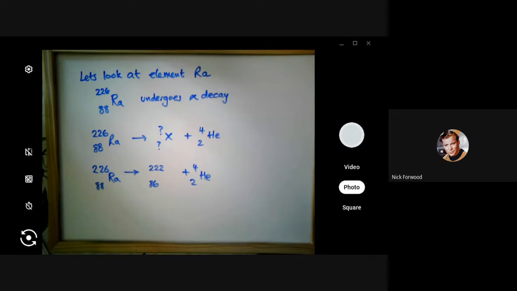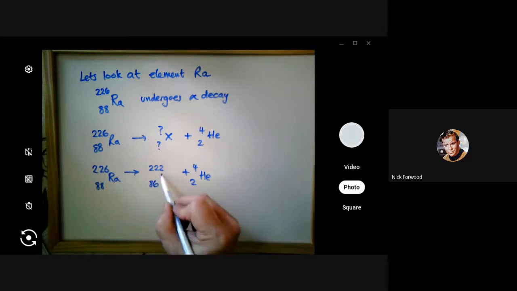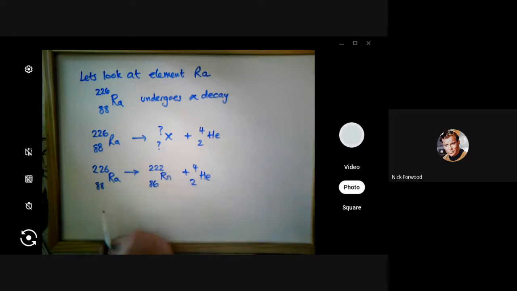And then I can go away once again and look up what element number 86 is, and I would find out that it is the element radon. This is radium and this is radon. Two different elements that start with the same letter, but the second letter is not the same.